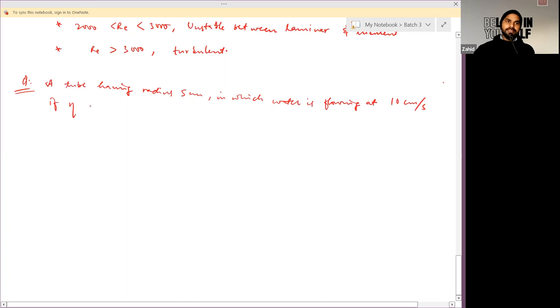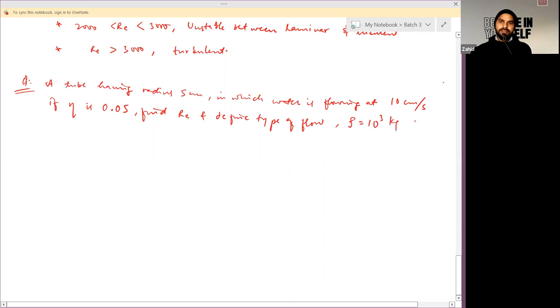If eta is 0.05, find the Reynolds number and define the type of flow. The density of water is 10 to the power 3 kg per meter cube.